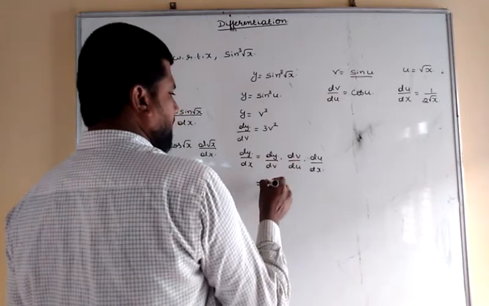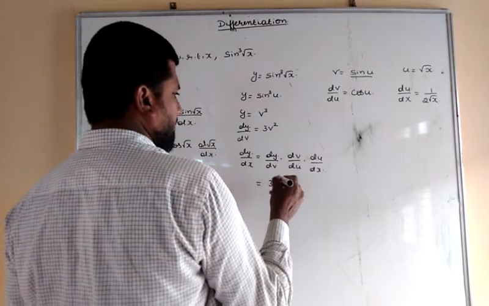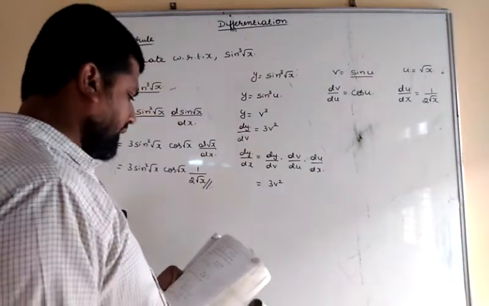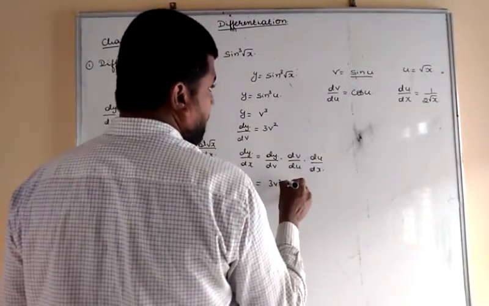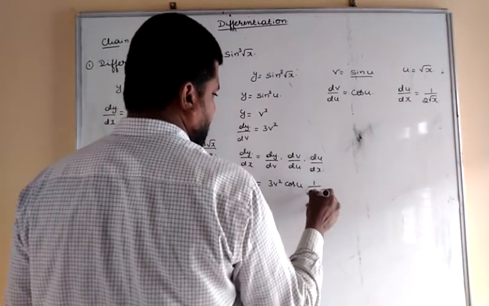Then dy by dv is 3v square, then cos u, then 1 by 2 root x.